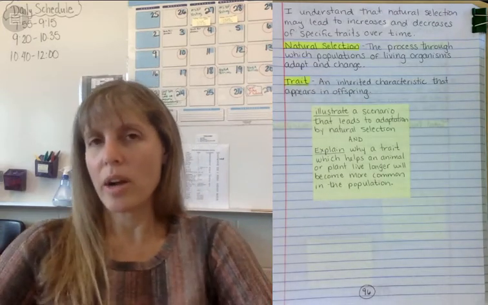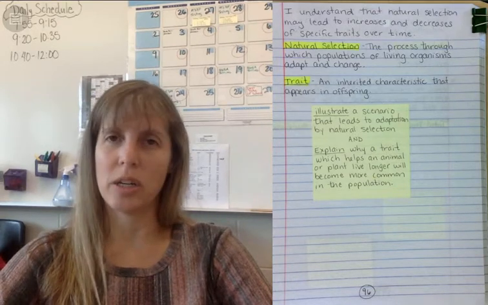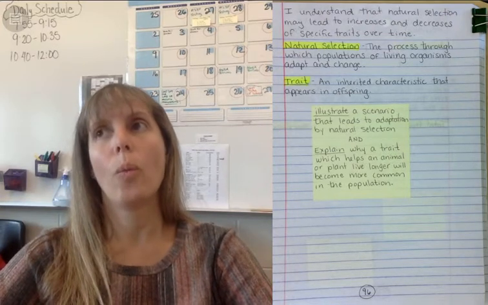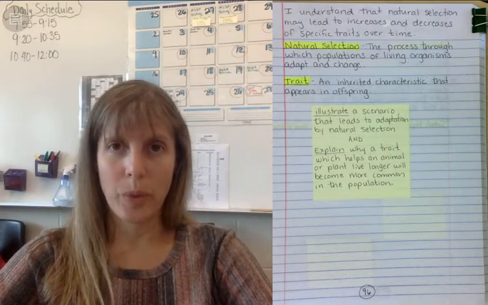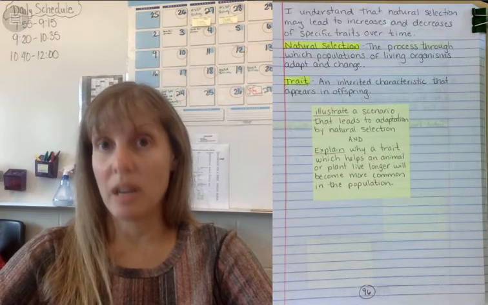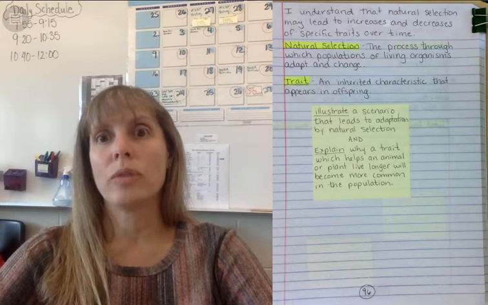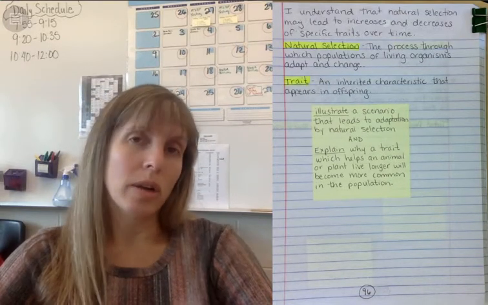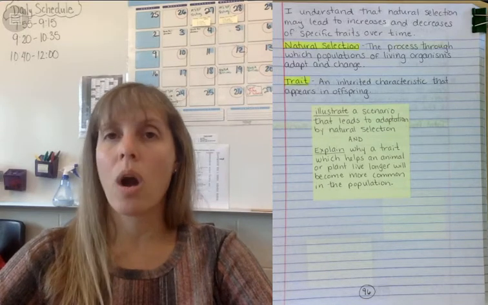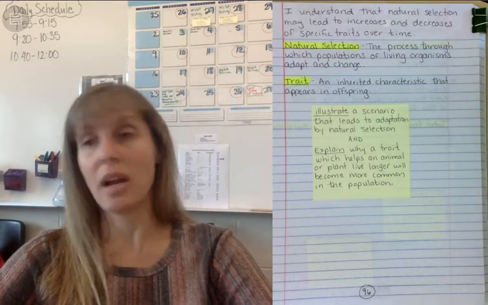Today, you're going to watch about how traits actually get passed from generation to generation, offspring to offspring, and you're going to see why this matters, okay? So you're going to read a bunch of different scenarios about maybe why giraffes have long necks instead of short necks, or why elephants have long trunks instead of short trunks, or why some moths will live in some places and others won't.